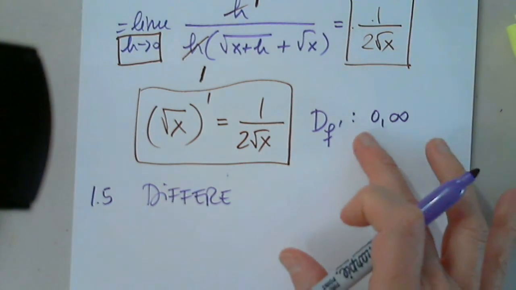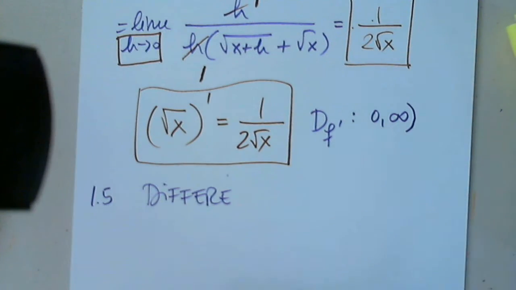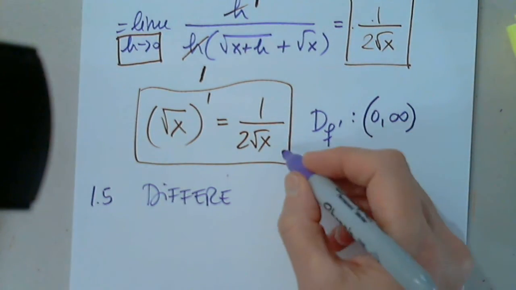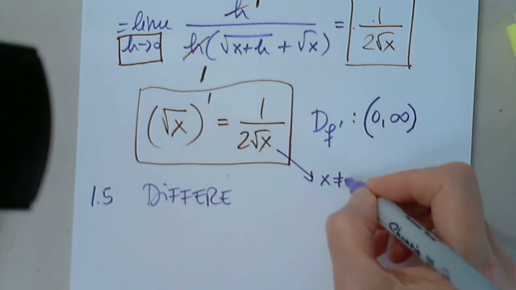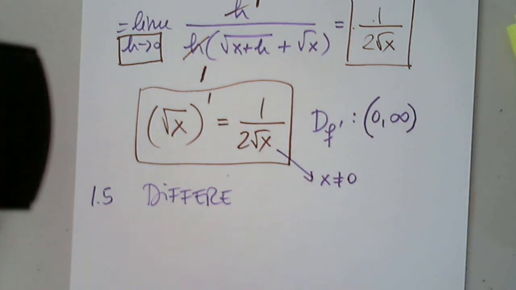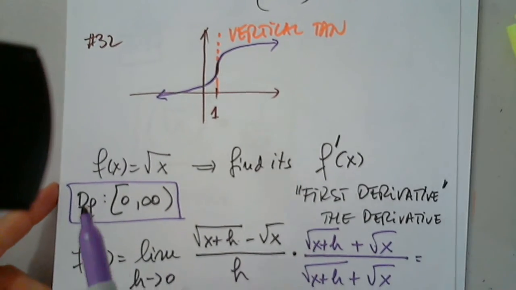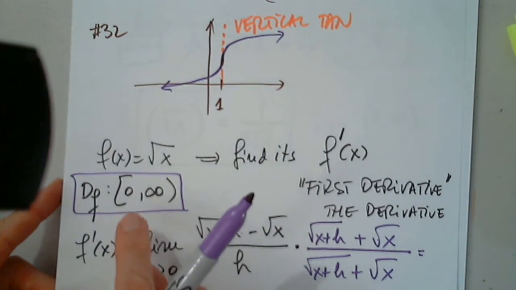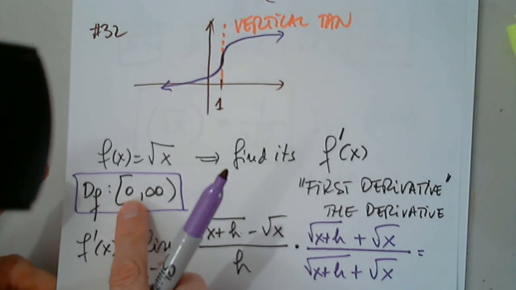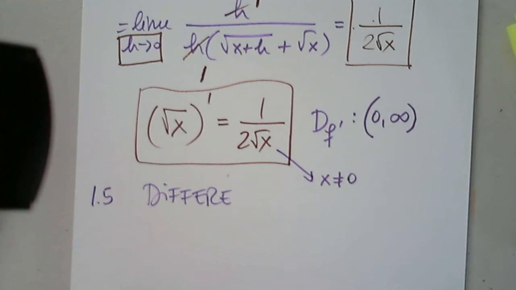What do I have to put here? This is clear. Bracket on the left. Parentheses. Yes, of course. X cannot be 0. See the difference? Which means that this function does not have a derivative at 0. How come? Because the derivative is not defined at 0.